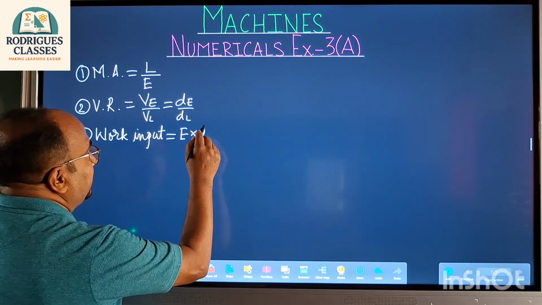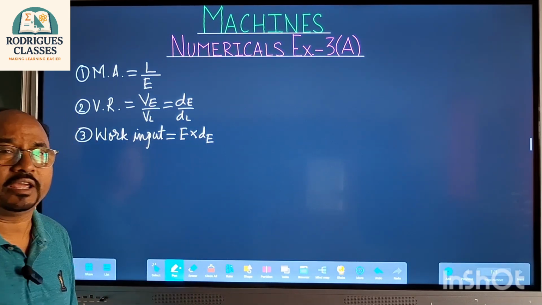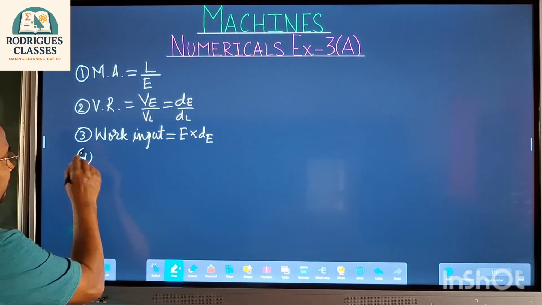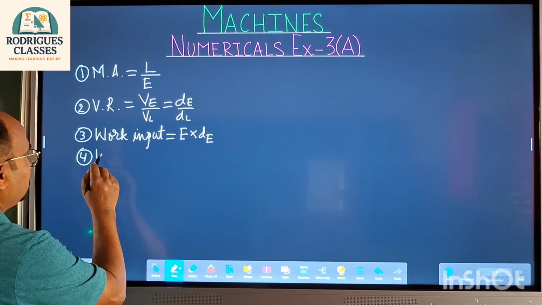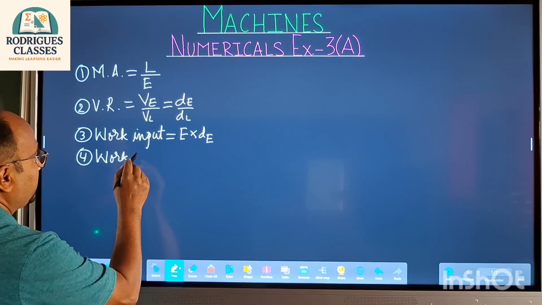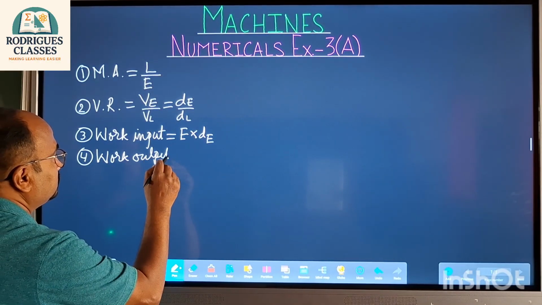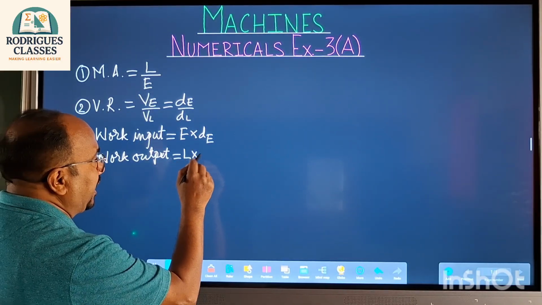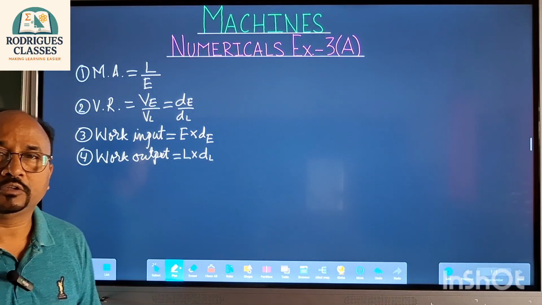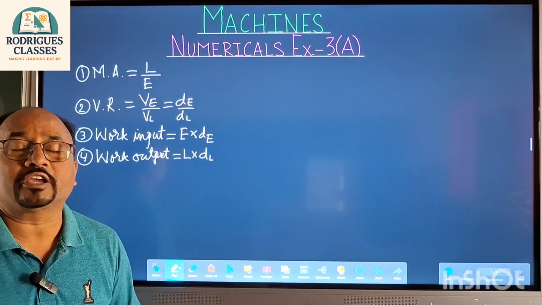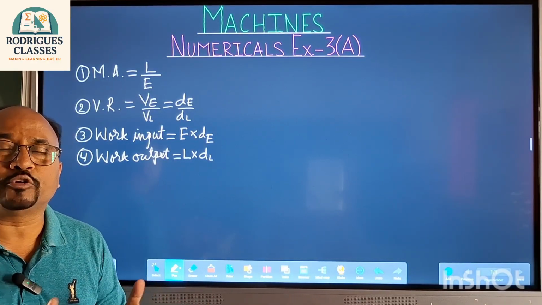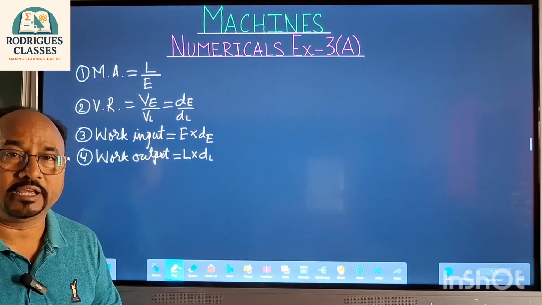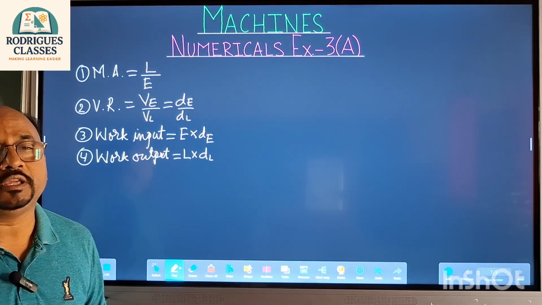So effort multiplied with the displacement of the effort. This is your work input. Then we will get work output. In the work output case, it will be load multiplied with the displacement of the load. So if we are having an ideal machine, we can always say that work input and work output are equal. But if it is not an ideal machine, in practical case, it will not be equal.